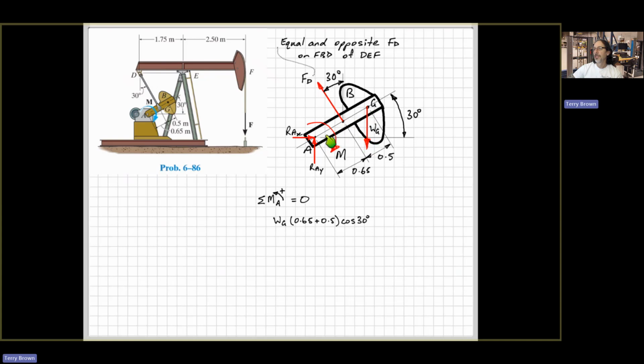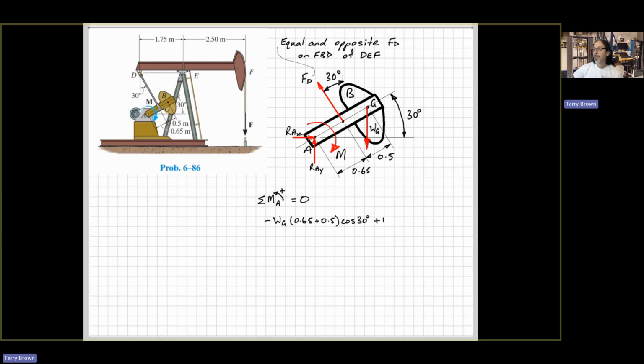This angle is 30. This is the adjacent side to the 30. So this length from the line of action perpendicular to that to the point here is 0.65 plus 0.5 cos 30. Okay, and that's tending to rotate clockwise.